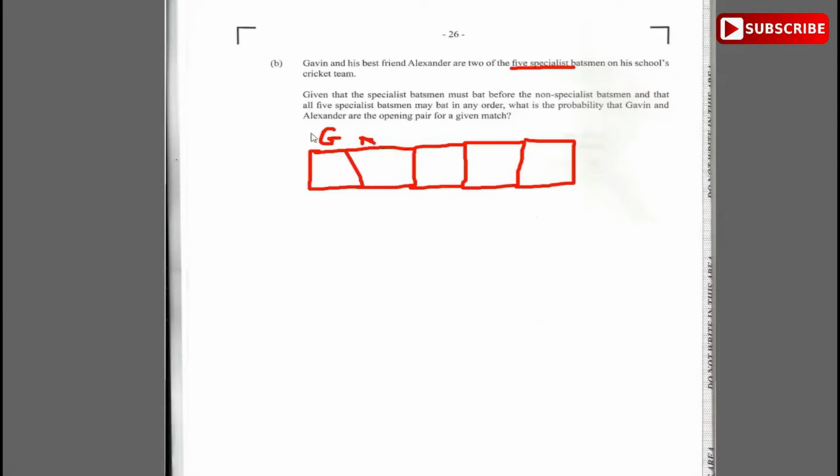So first, for Gavin and Alexander opening, that means we definitely want the probability of the 2 of them opening.